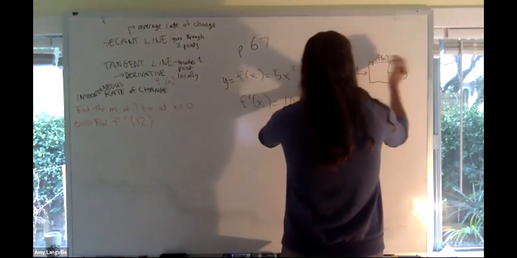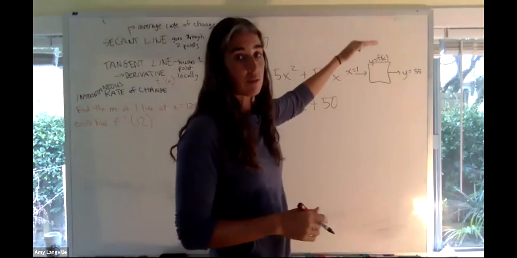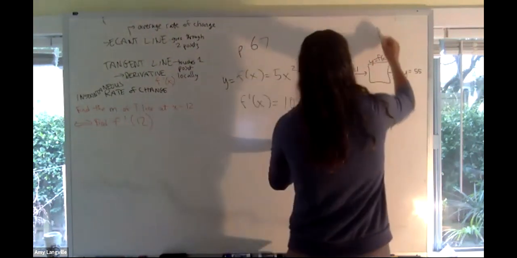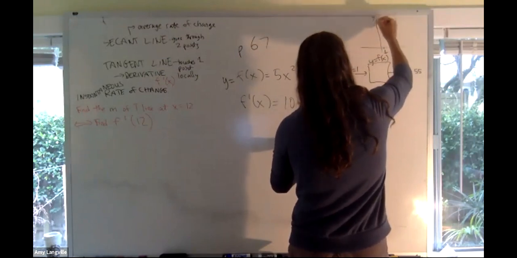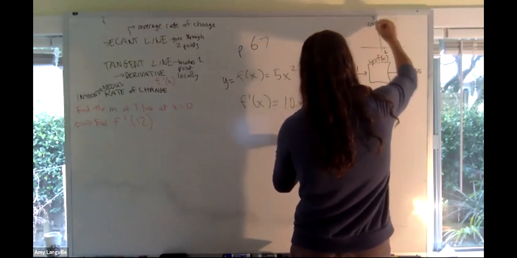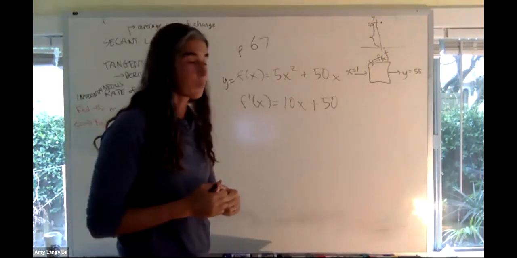If x was 1 came in, it would spit out 55. That is a height on the graph. When x is 1, y is all the way up there at 55, right? And that is the distance right there. That is the height value that it's giving you.